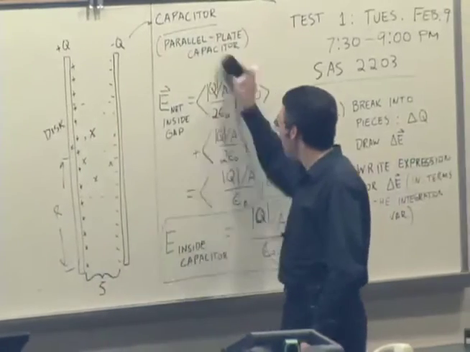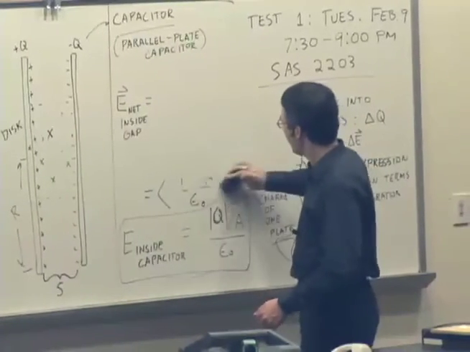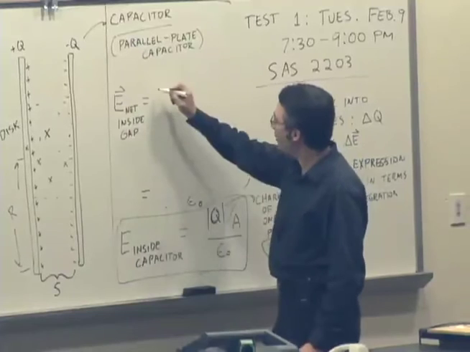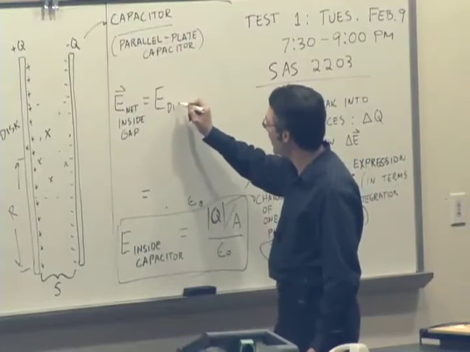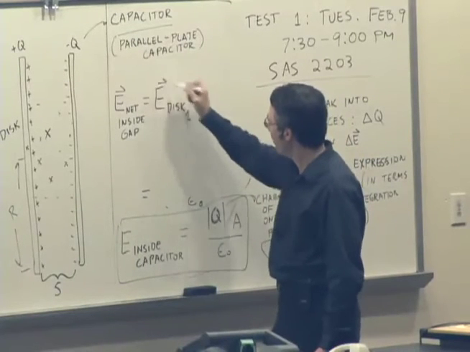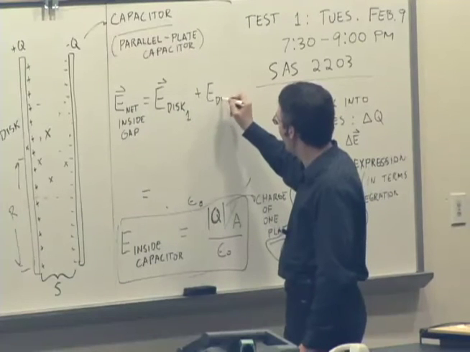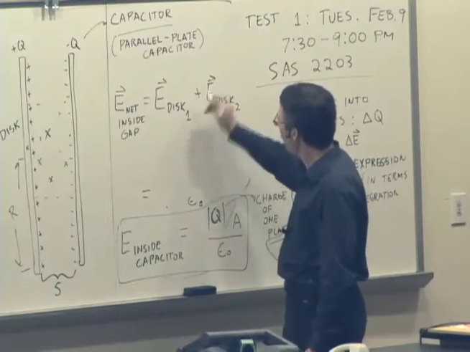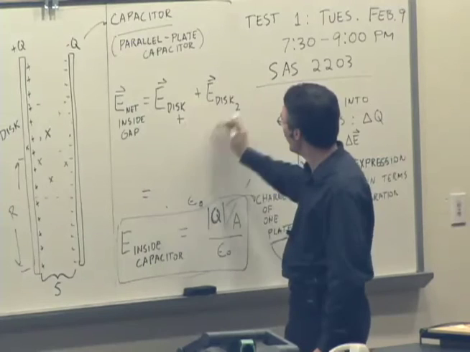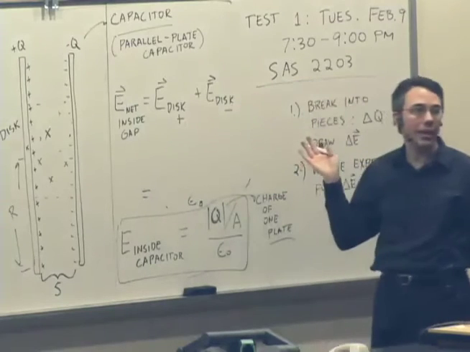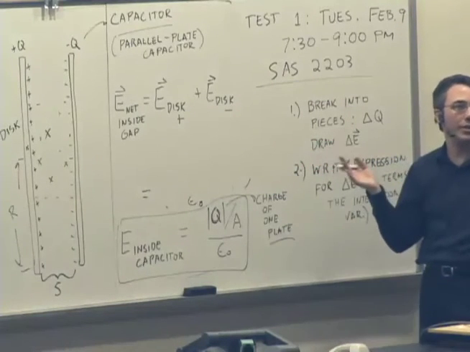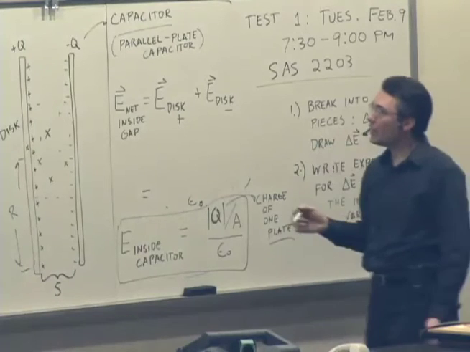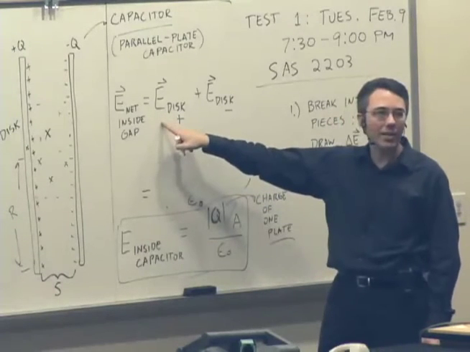So let's write it out in stages. The net field would have to be the electric field due to disk number 1 plus the electric field due to disk number 2, the positively charged disk and the negatively charged disk. We're just applying superposition. What's the electric field due to the positively charged disk?